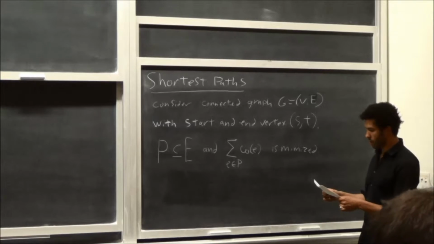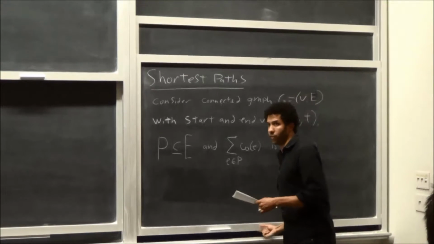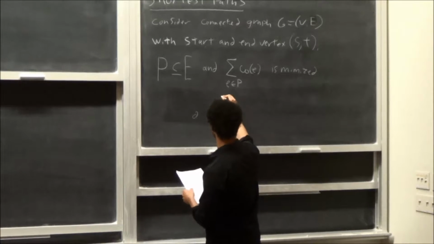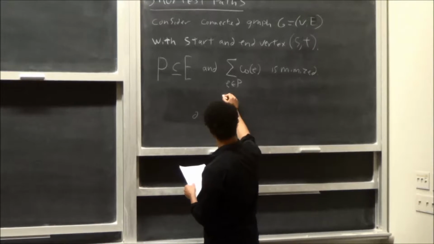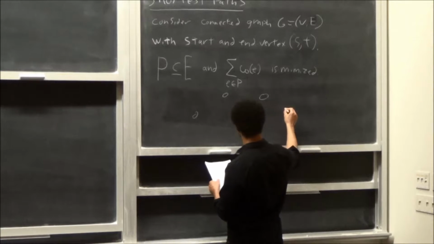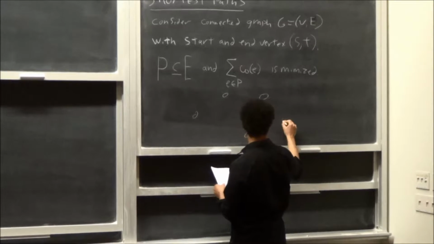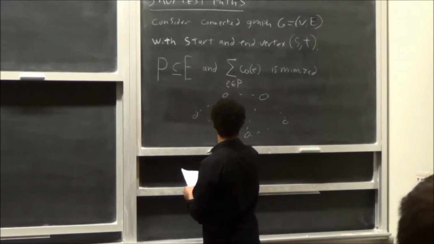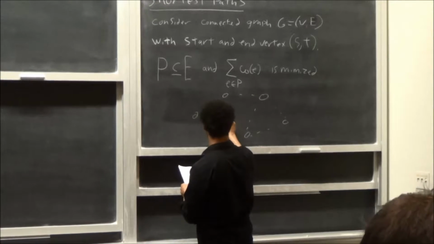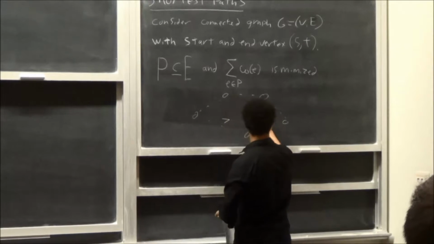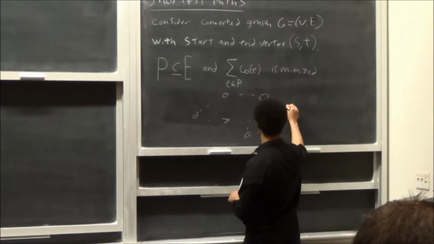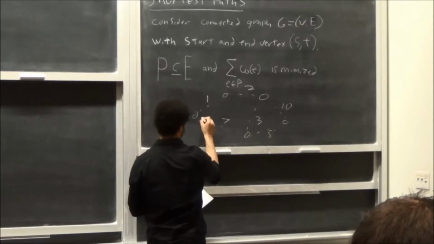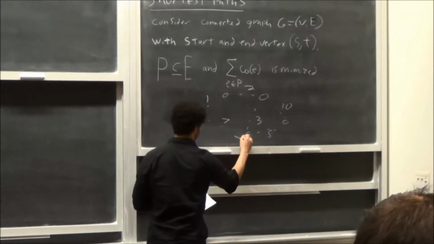cool. And so it's not always obvious. It's not always the least number of nodes. Like you can draw a trivial example pretty quickly. Given a graph like this, where this is maybe 7, 5, 10, where the shortest path might be something like, say this is start and terminal.